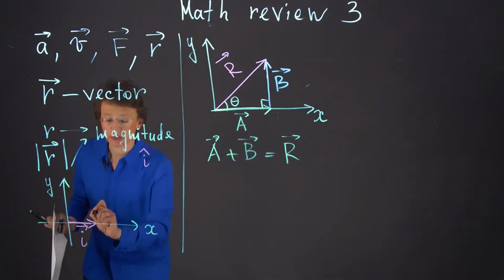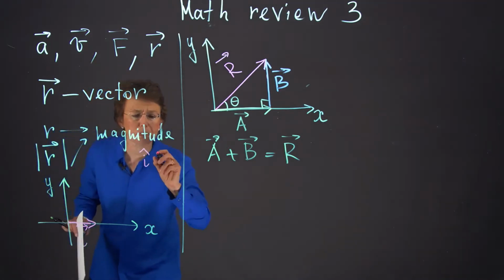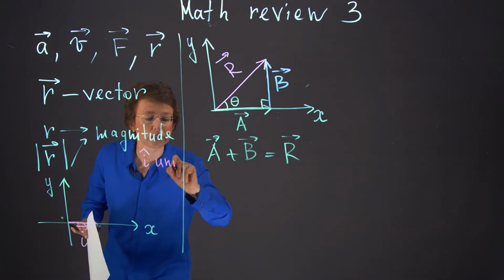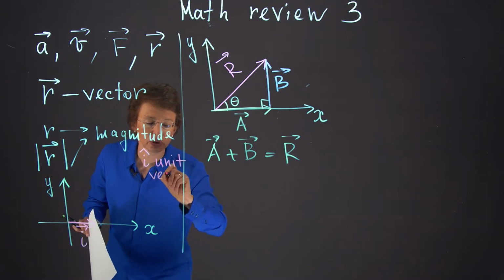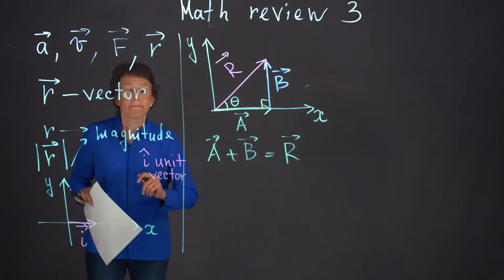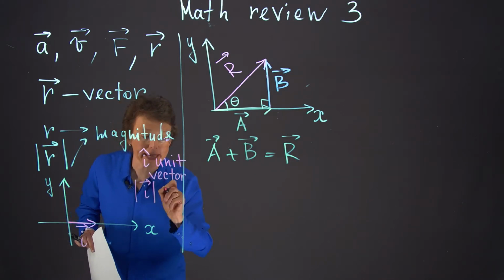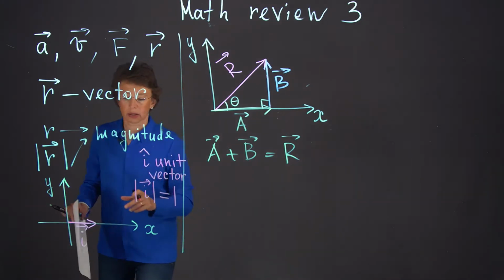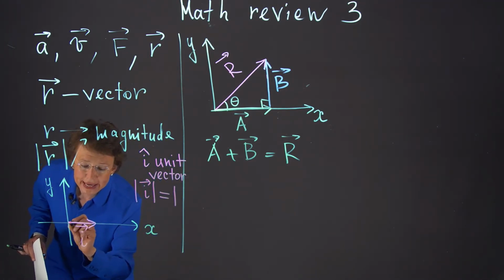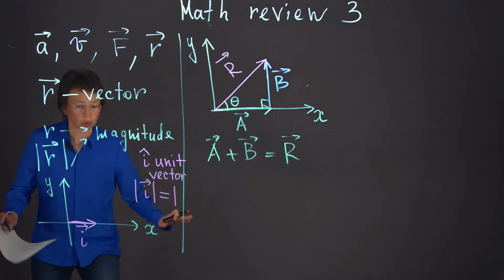I will use this arrow for everything when I mean a vector. But what is special about unit vector? You probably already guessed. Magnitude of i, by definition, is 1. So we measure this length of i, it's always 1. And by definition, i is along x, always.